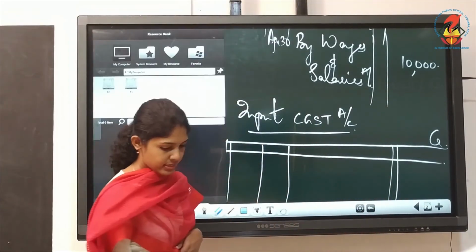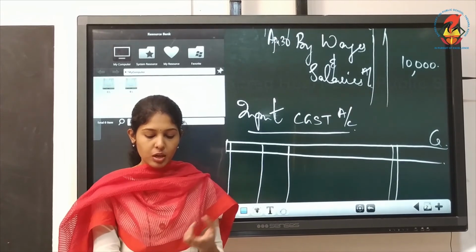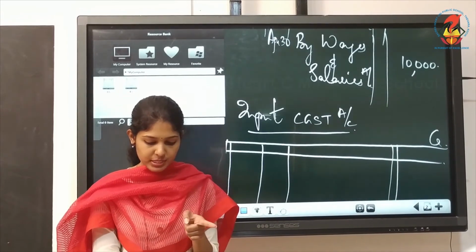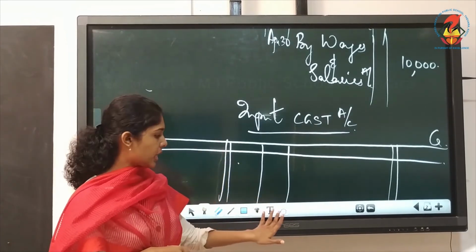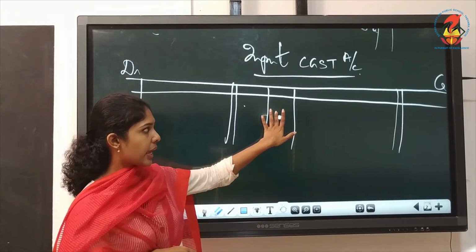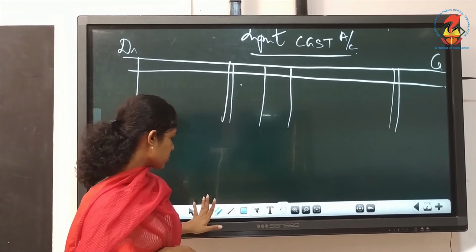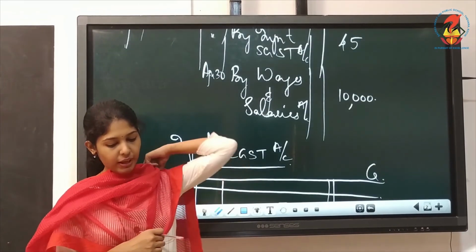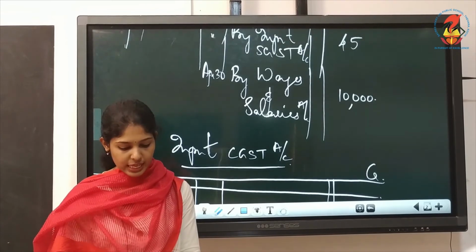Now, input CGST, look into your journal entry. Where do we have input CGST? On April 2nd, we have input CGST. That is getting debited. So, you must write on the debit side. And what you must write? The name of the other account which is having an opposite aspect. So, you must write it as to cash because the other three are having the same aspect.